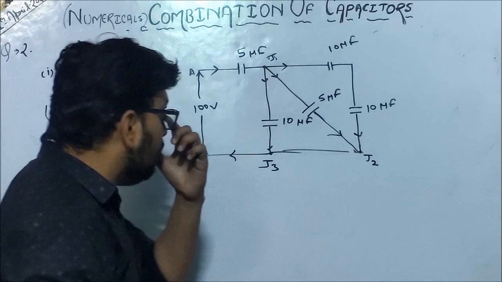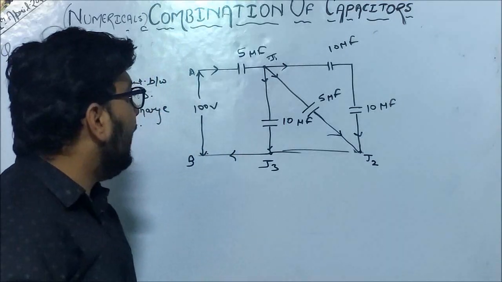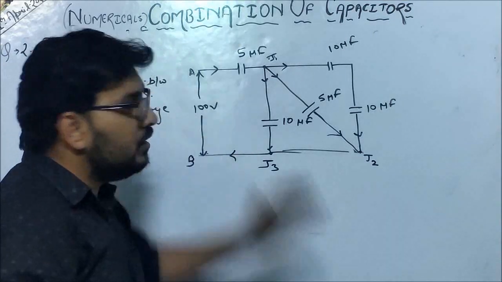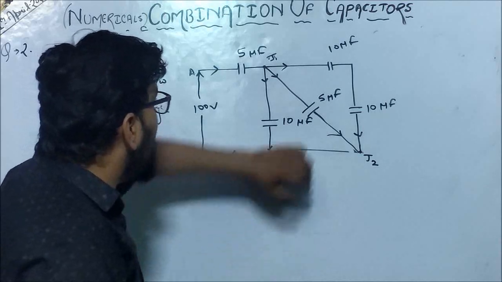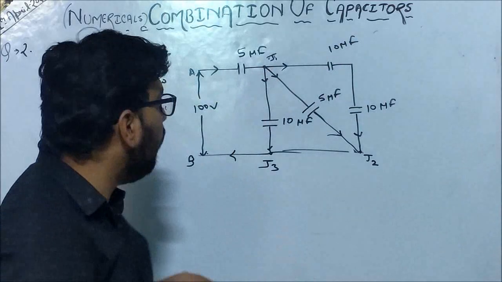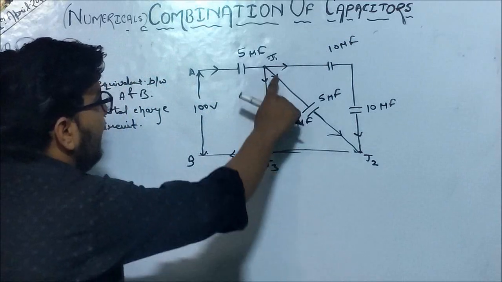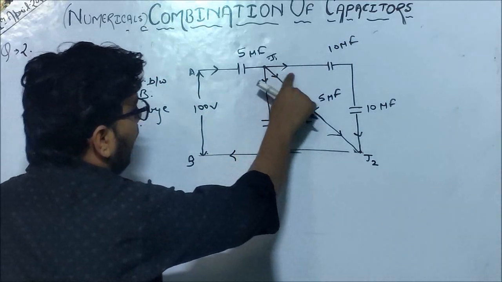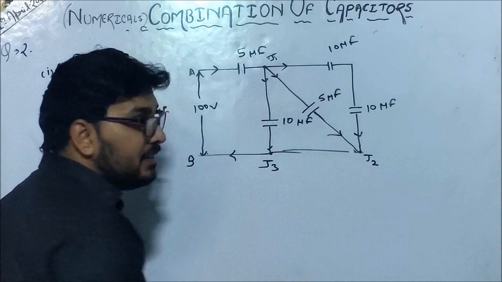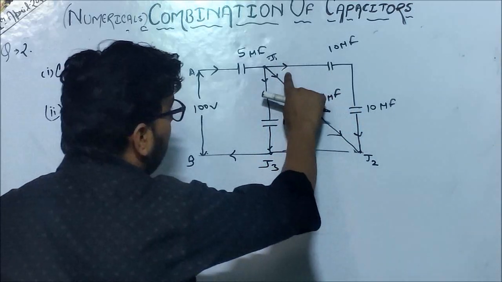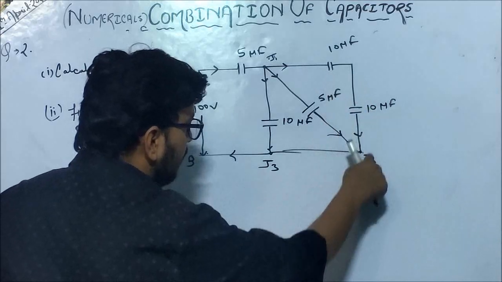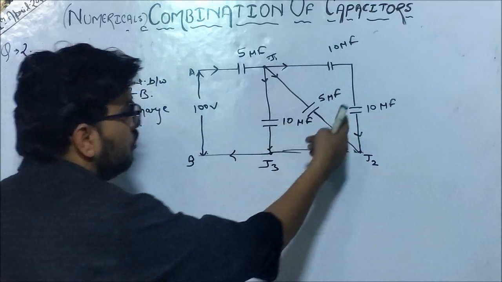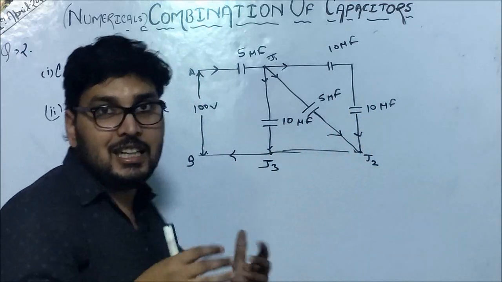out of this. So first of all, we will calculate the equivalent capacitance or net capacitance for this branch. For this branch, you can find that the charge started from this point, gets undivided, and passing through this capacitor and this capacitor, it reaches this point without getting divided anywhere.